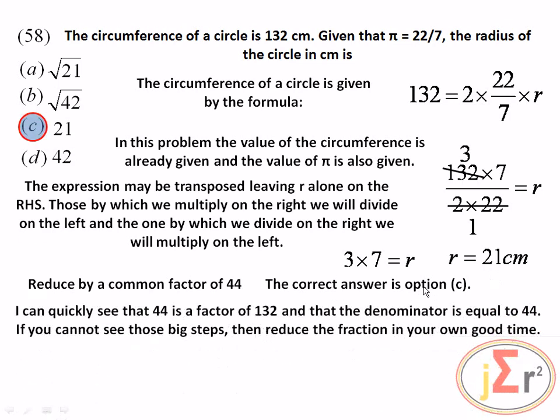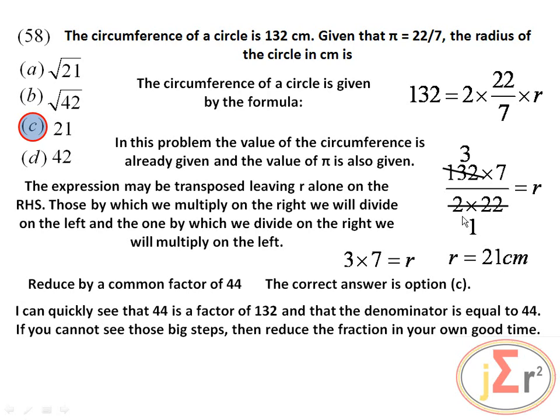I can quickly see that 44 is a factor of 132, and that the denominator is equal to 44. You can see that the denominator is 44, 2 times 22. But I can also see that 44 can go into 132 without leaving a remainder.